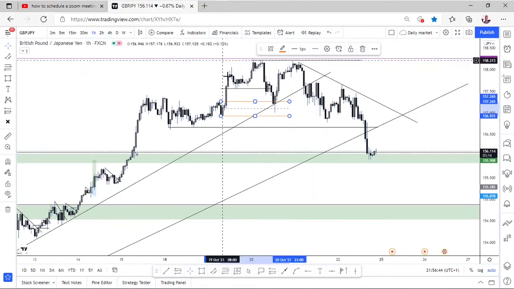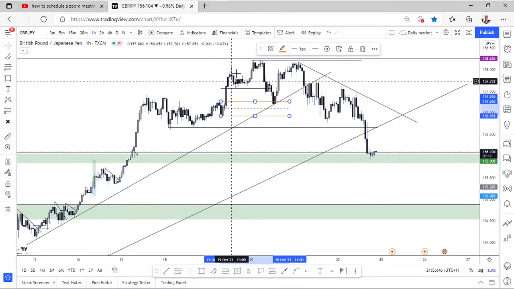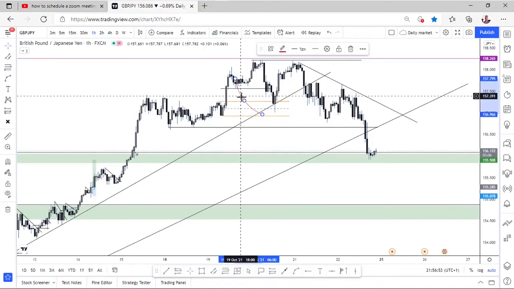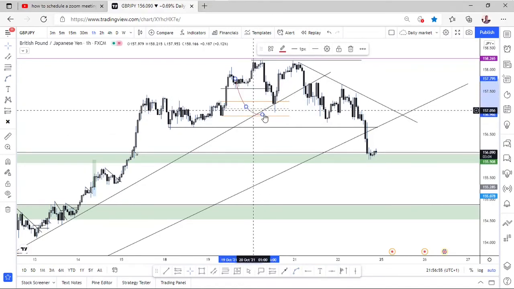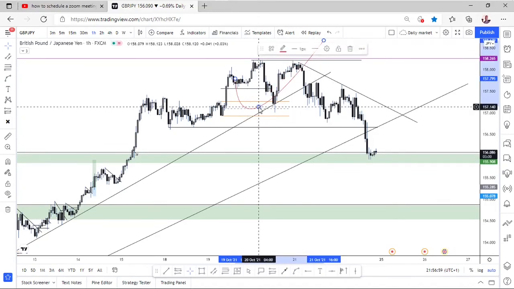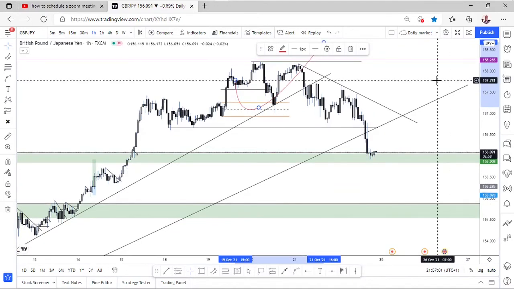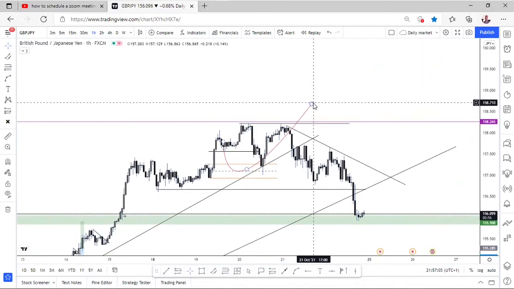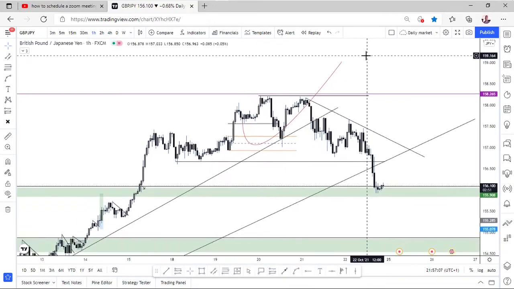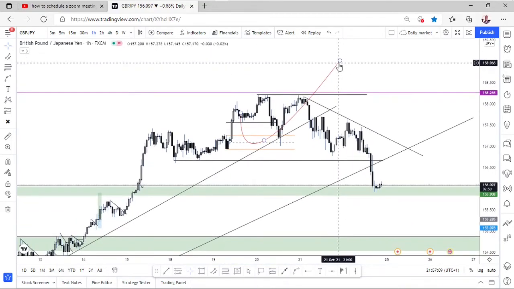But at the time I made this projection, this market was just here, so it was something like this that I did, guys. I was targeting 15900, expecting the market to come and make a new high, but the market never did.